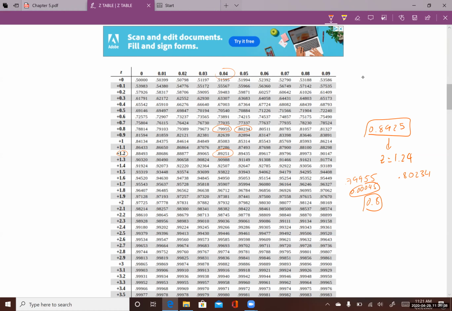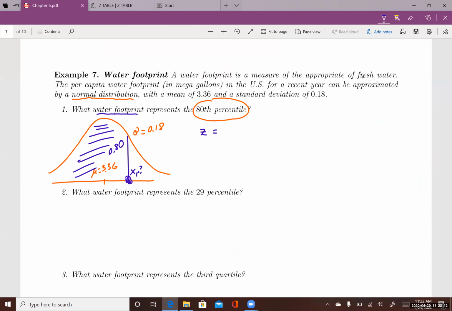The distance is 0.00234, so this value has a closer distance compared to 0.8. So that means I'm going to take the z-score for this, which is 0.84. So I found the z-score is 0.84 for the 80th percentile, or 80%.